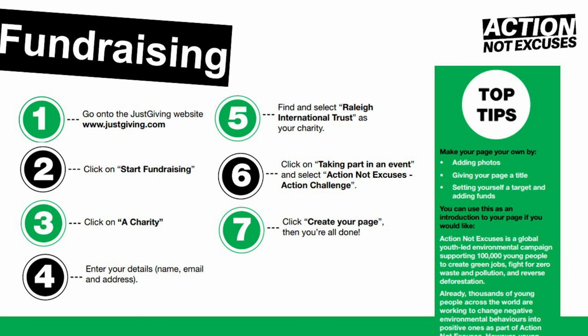And then once you've done that, you just need to select that your fundraising is taking part in an event, which is one of the menu of options available on the Just Giving website. And then once you've selected taking part in an event, there should be an option to select the Action Not Excuses Action Challenge, which you can see written there at step 6.